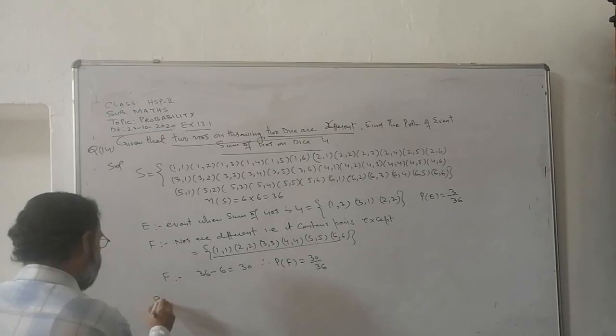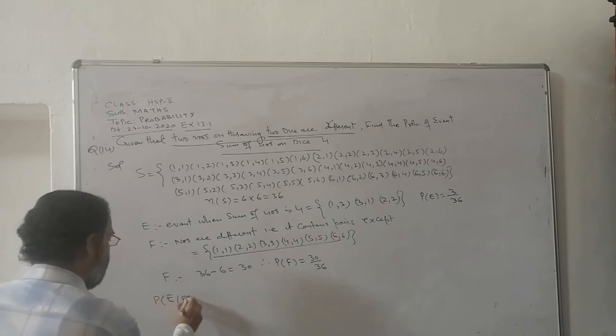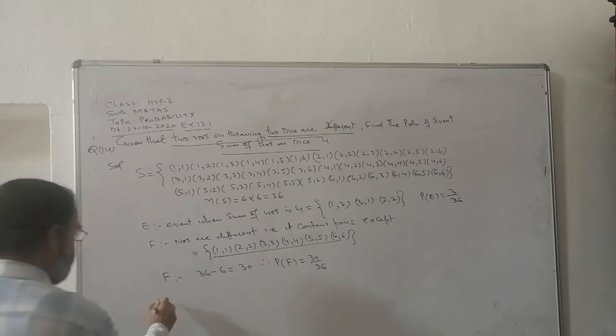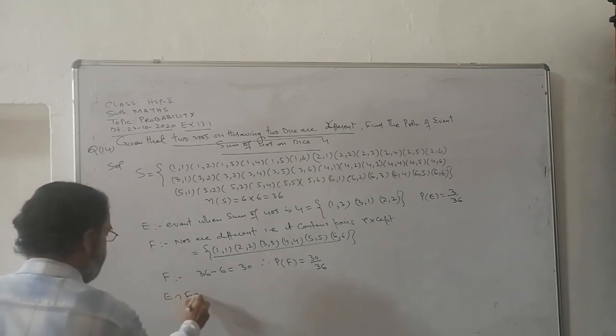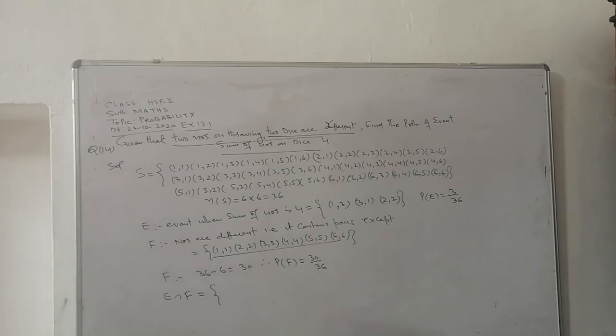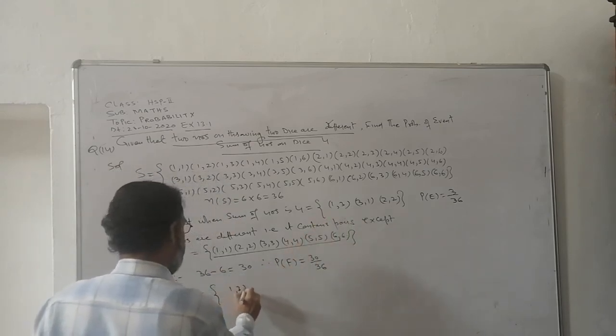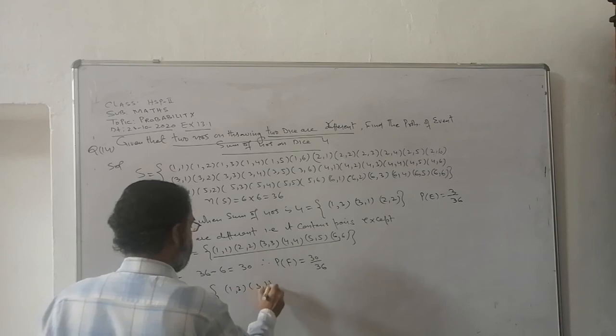Now I have to find the probability of the intersection, E intersection F, which will be the points common in E and F. In E and F there are only 2 points: one is (1, 3) and the other is (3, 1).